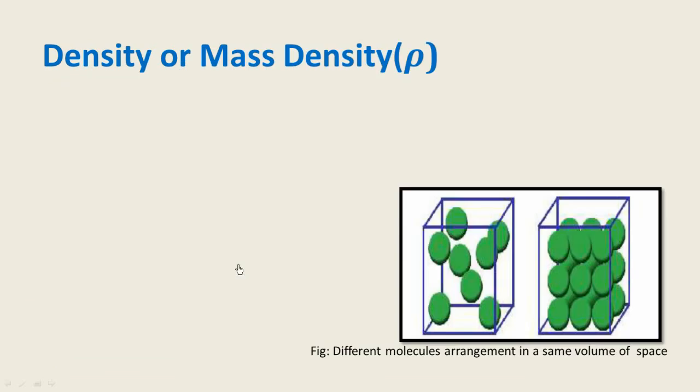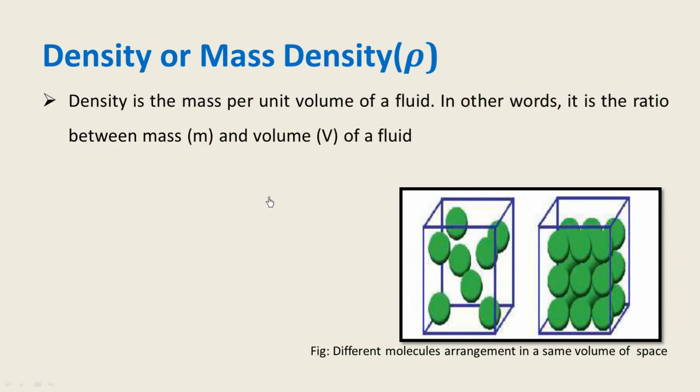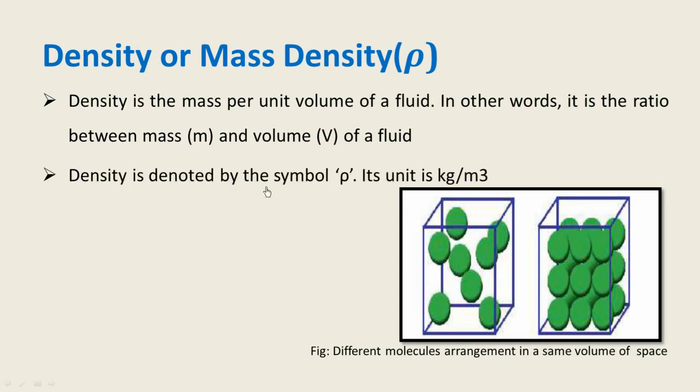Then coming to the density or mass density, here density we sometimes call a mass density. The density can be defined as the mass per unit volume of the fluid, or in other words the ratio of the mass of the fluid to the volume of the fluid. It is denoted with the symbol rho, so it has units kg per meter cube.